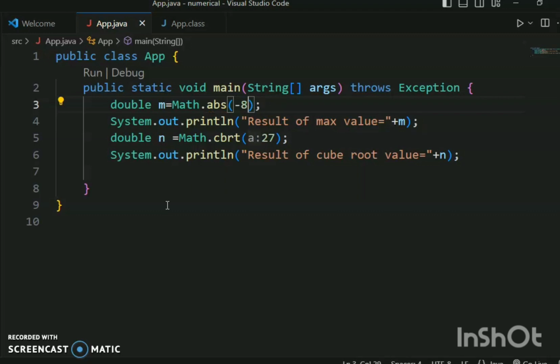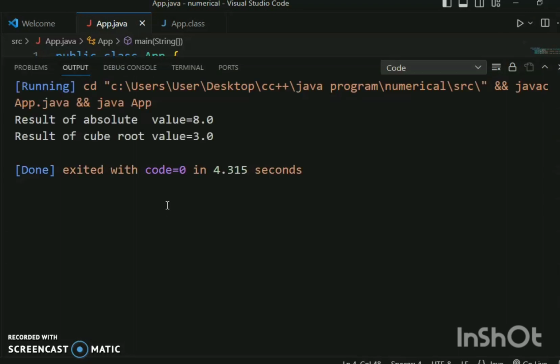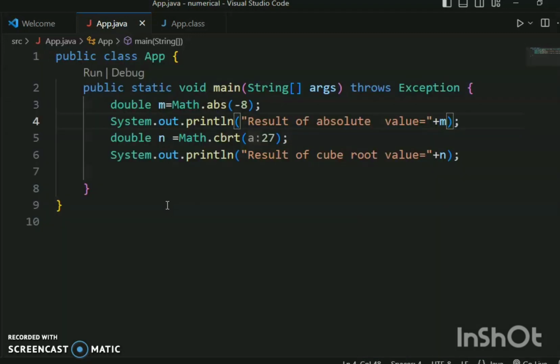The result of absolute values. So absolute value is equal to, what is the absolute value? Let's see the answer. Absolute value is equal to 8. Okay, because -8, so its absolute value is 8.